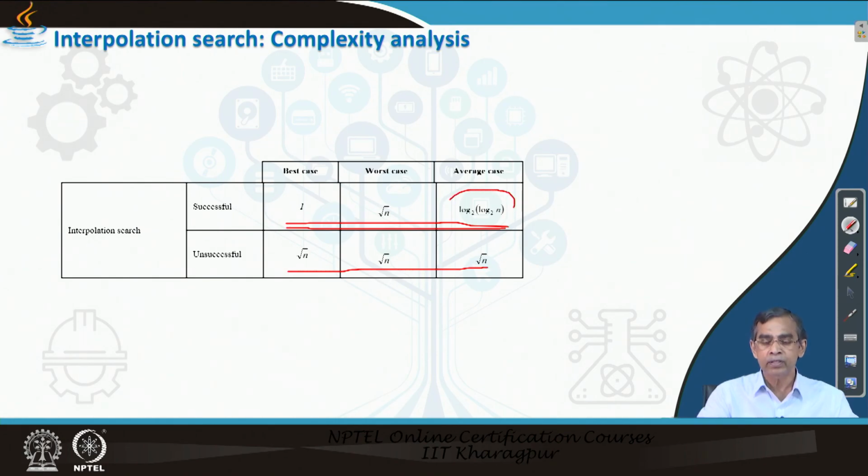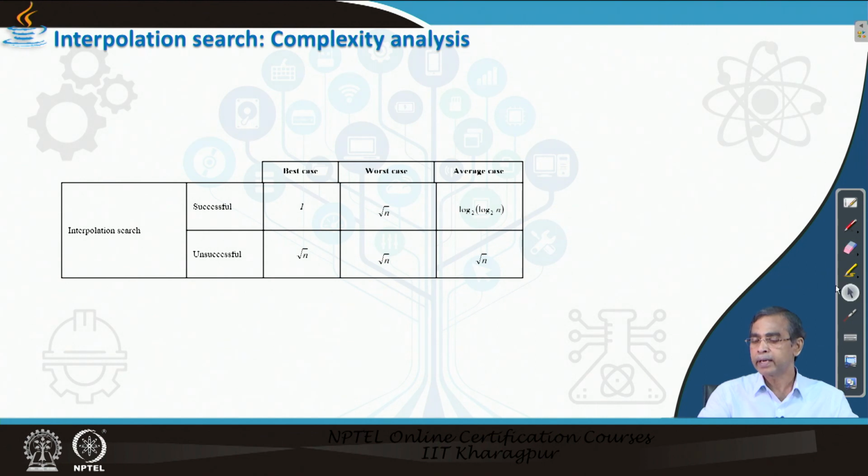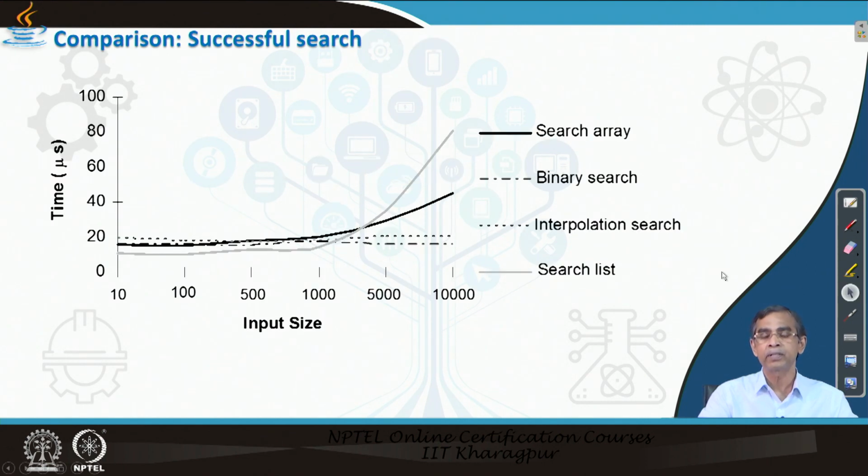We can say that this complexity on average is log log n, which is very much less than log 2 n. So this means that this algorithm is better than the binary search algorithm that we have discussed. So this is the better algorithm, and you can write a program for it. The programming issues will be discussed in another class.